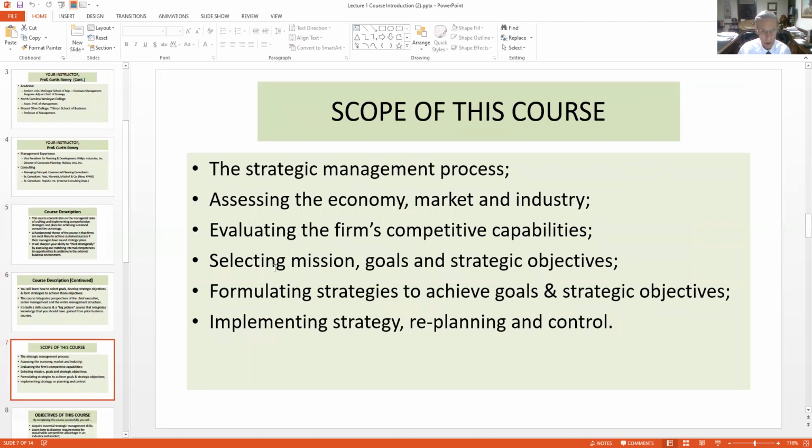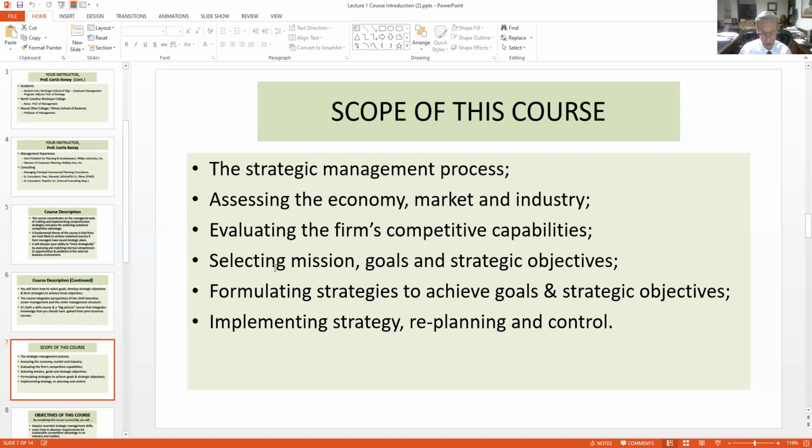So more specifically, this course addresses the topics on this slide: the process of strategic management and planning, the assessment of the economy, market, and industry, as well as market segments such as energy and climate, evaluating the firm's competitive capabilities to do that work and to implement strategy, to look at the big picture and decide where the firm ought to fit in the economy and industry in order to identify standards for success that will be most appropriate.